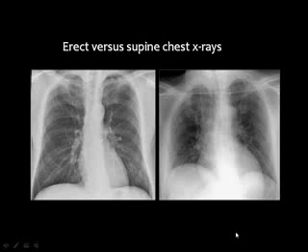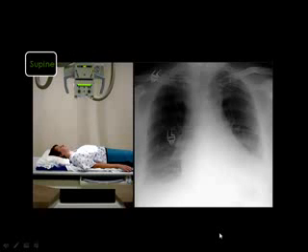Also, whenever you radiograph the patient while in the supine position, you expect some magnification in the cardiac shadow because of the elevation of the diaphragm. Then this is the posteroanterior view, and this is an anteroposterior view in the supine position. The supine position is usually obtained for the patients in the ICU or the casualty sections.